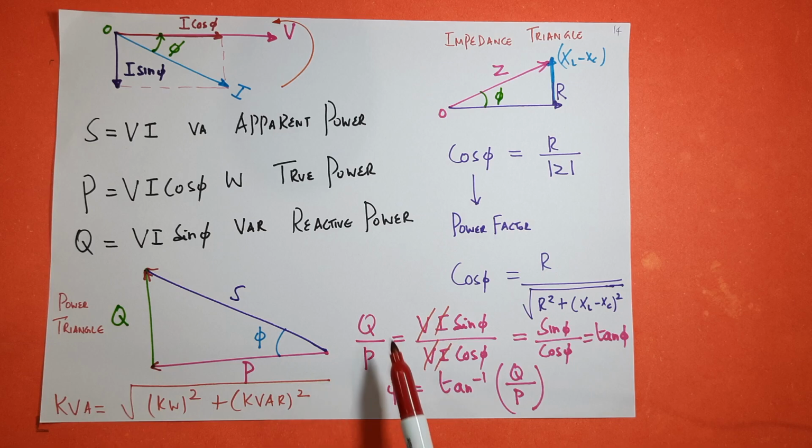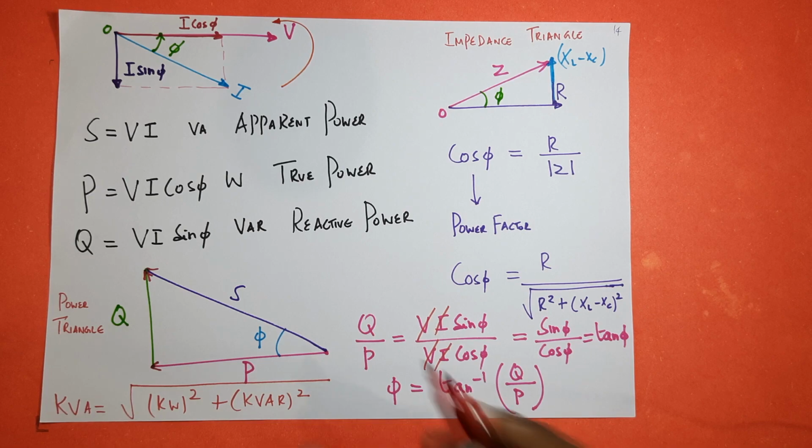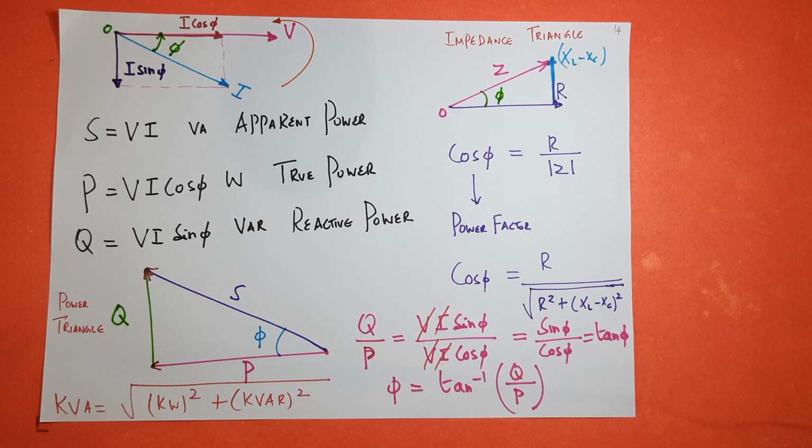Okay. So now suppose you take the ratio Q by P. Q we already know is VI sin phi, and P, capital P, I'm sorry, is nothing but VI cos phi. So V and V get cancelled, I and I get cancelled, and you get sin phi by cos phi, that is nothing but tan phi. So phi equal to tan inverse of Q by P. And again, mostly it will be in terms of kilowatts.